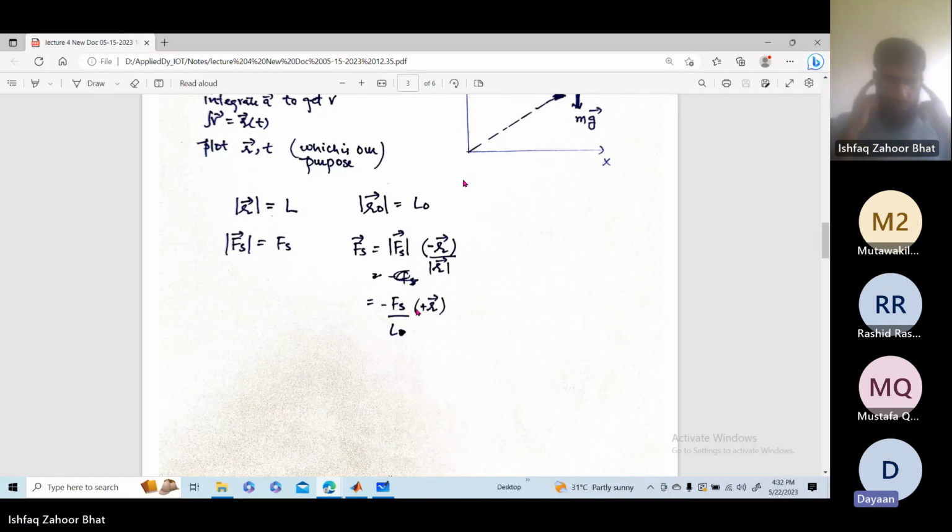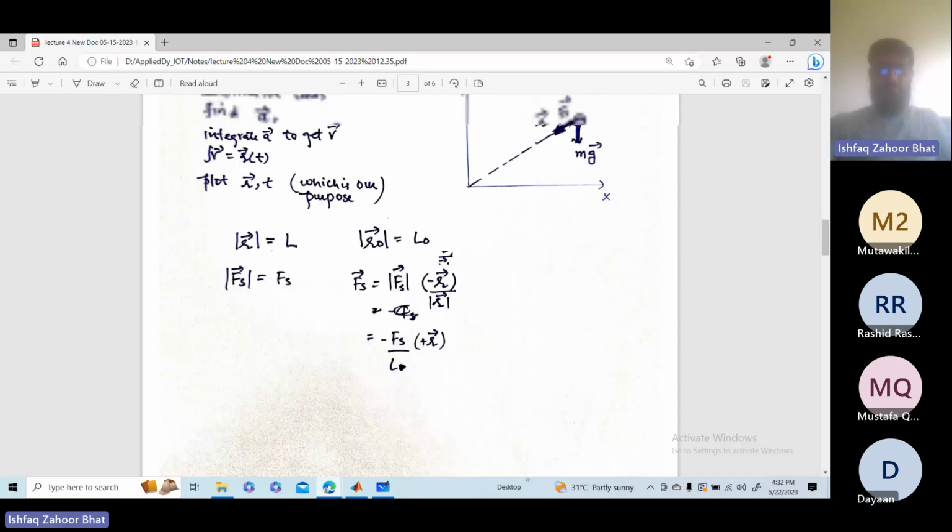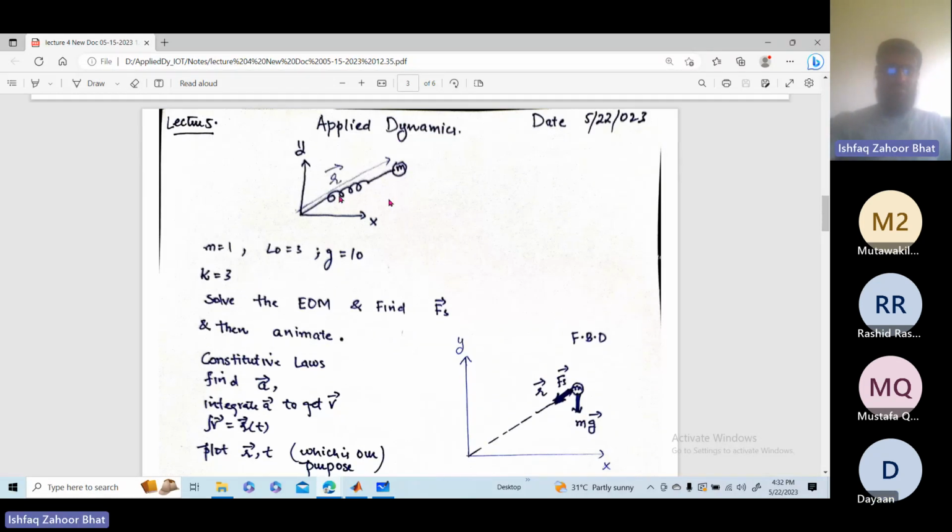So it can have a non-circular motion in that case. The first assumption I made was that there is no moment acting at the origin. The assumption which I made was only for this purpose, so that there is no buckling. So there can be radial compression on the spring, but there can be no buckling.